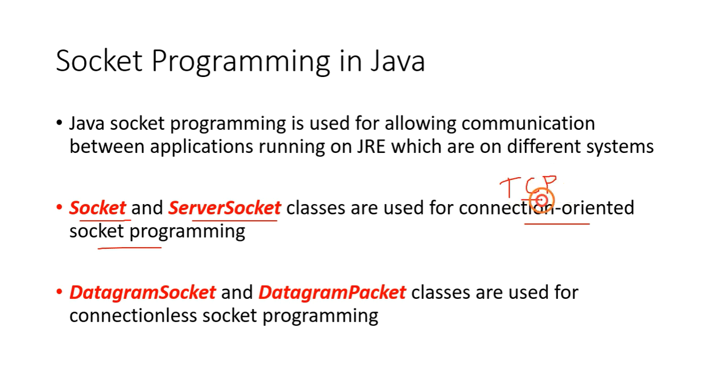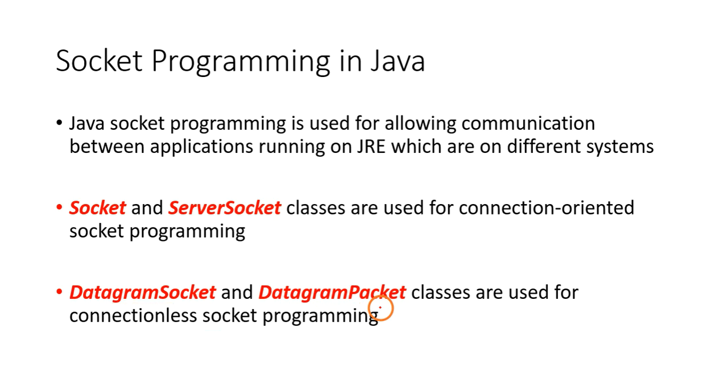Don't worry about what TCP is, it is not needed. Just remember that we use the Socket class and ServerSocket class for connection-oriented socket programming. Similarly, for connectionless socket programming, we use DatagramSocket and DatagramPacket.